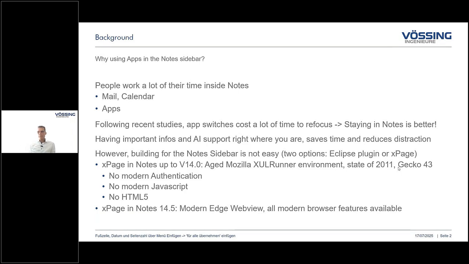And the last OpenNTF webinar was just about that, how to add things to the Notes sidebar, right? So today we want to dig a bit deeper into a use case of why things may be good within the Notes sidebar. And an important thing is we found two options.